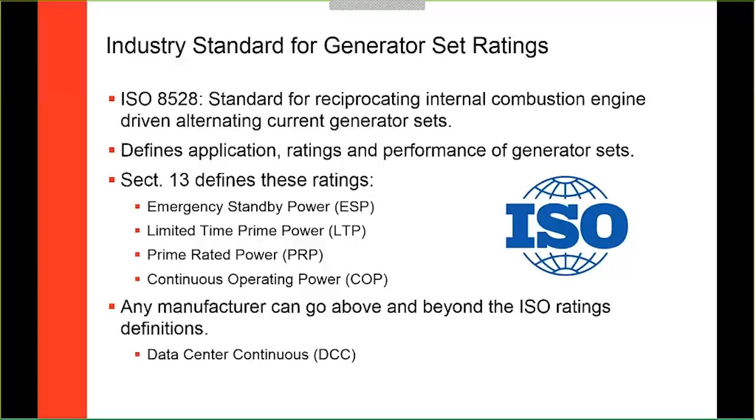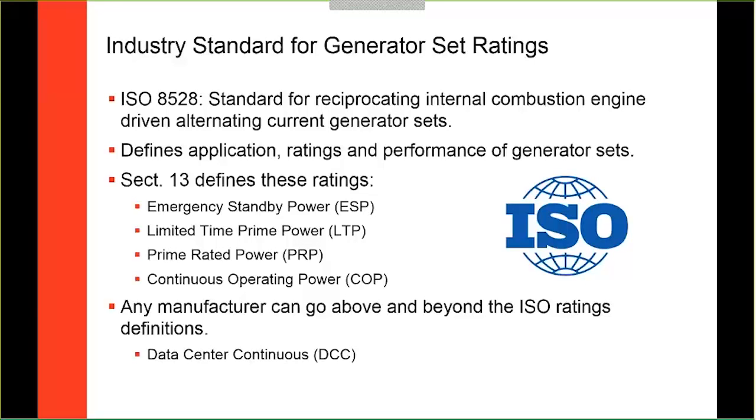And so one of the things that's defined within ISO 8528 are the different generator set ratings. And actually, you're probably most familiar with standby, prime, and continuous. ISO 8528 actually breaks down into four different categories. One being ESP, or emergency standby power, limited time prime power, or LTP, prime rated power, PRP, or continuous operating power, COP.